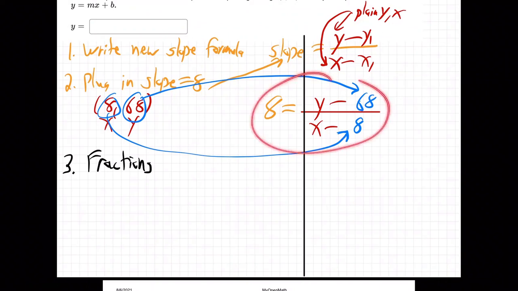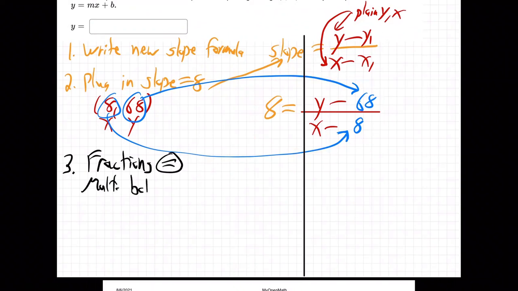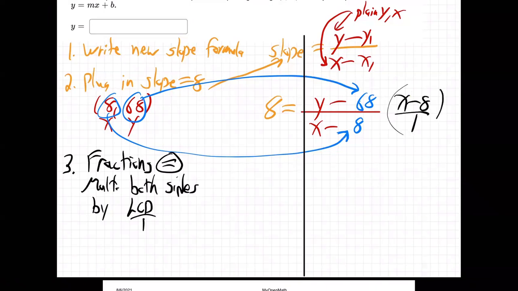This is a fraction equation. Fractions with an equal sign. You multiply both sides by the LCD over 1. The common denominator. So I'm going to multiply by x minus 8 over 1 and x minus 8. I don't need to put over 1 on the other side because it's not a fraction.